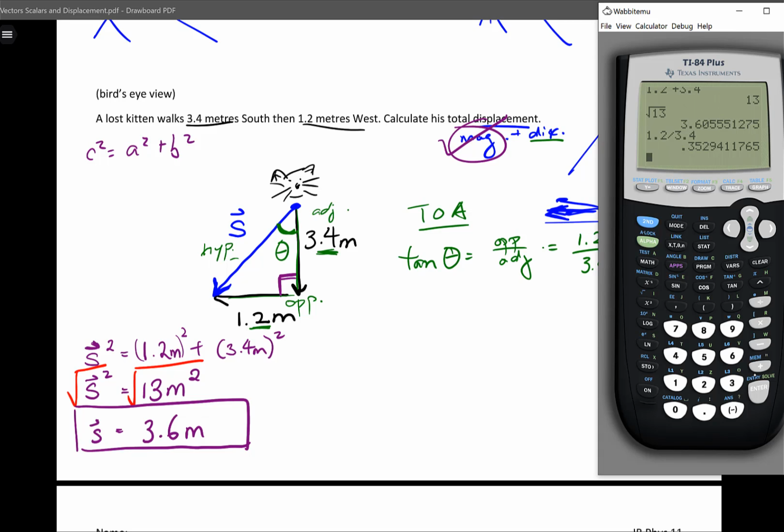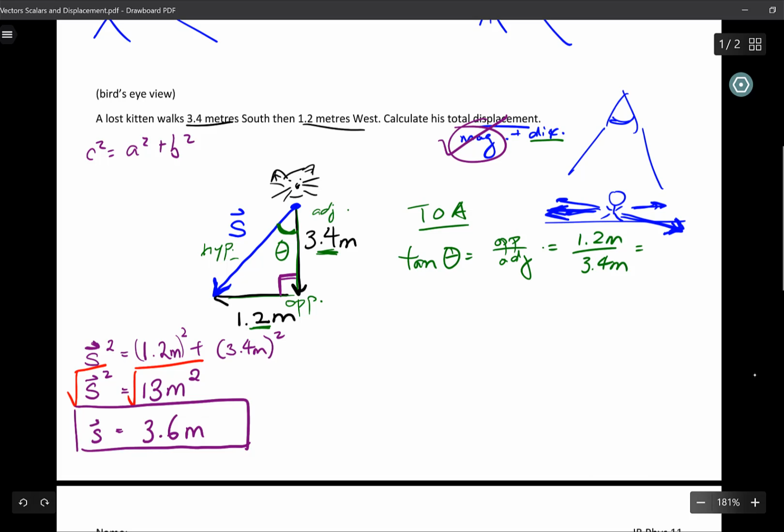And if you can save these numbers in your calculator, the better, because it will be very precise for you to calculate whatever's coming up next. So I'm just going to write 0.3529 dot dot dot. And whenever I write dot dot dot, it means I wish I could have saved all those sig figs to use for later.